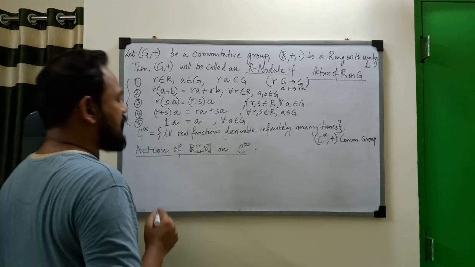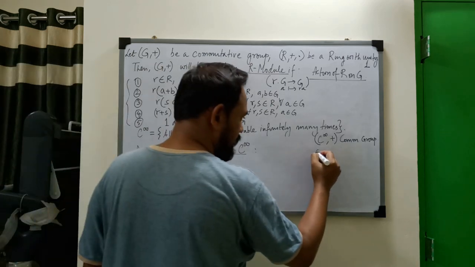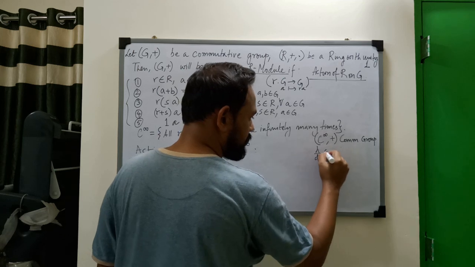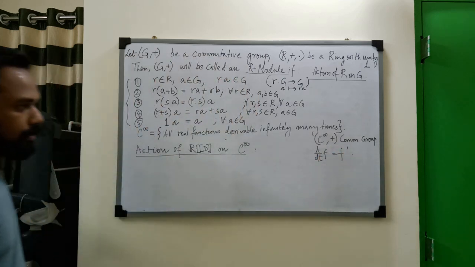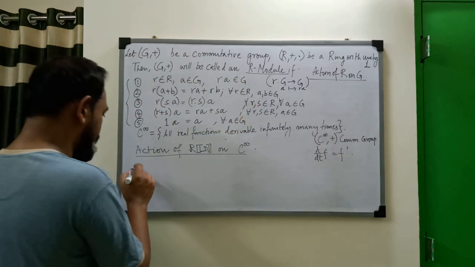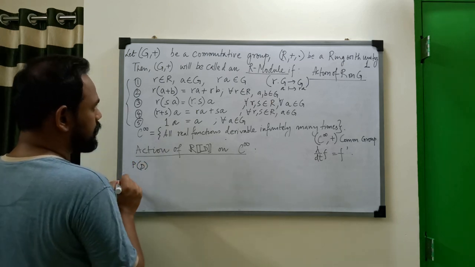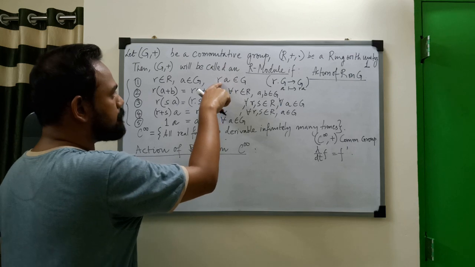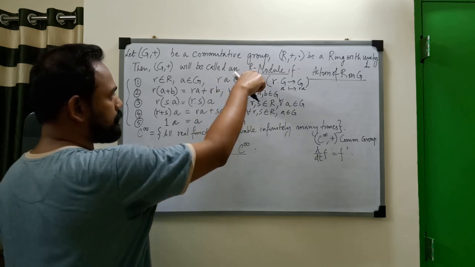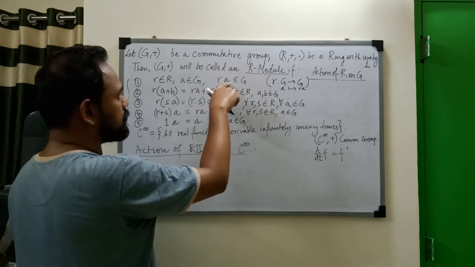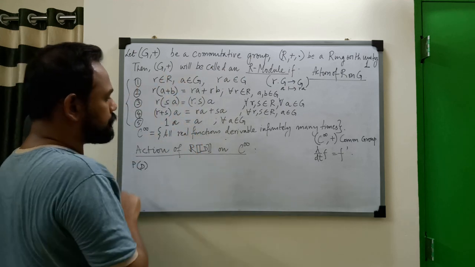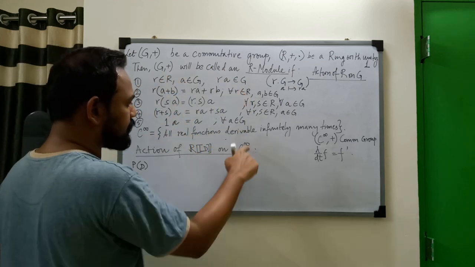So the way I'm going to define the action is like this. Just like you can think about it, I had kind of defined it already. This was one of the actions I defined. So if you take an element PD, I have to take an element small r from the ring, and I have to define the action on an element of G, which is a function here.